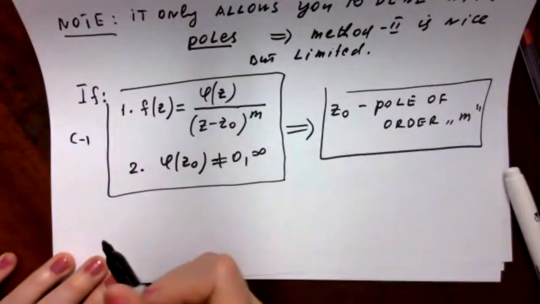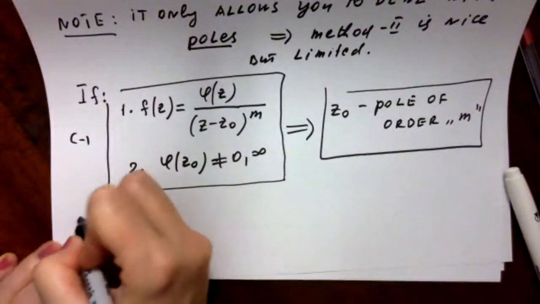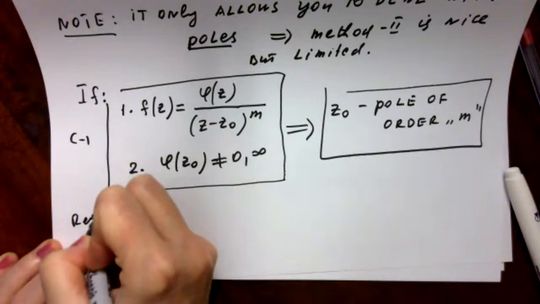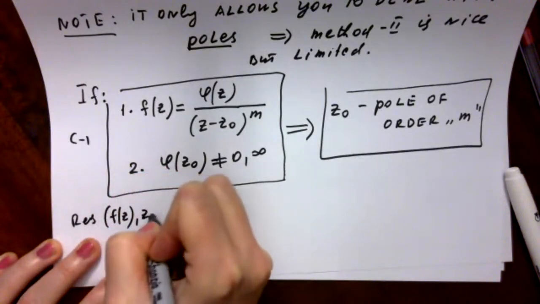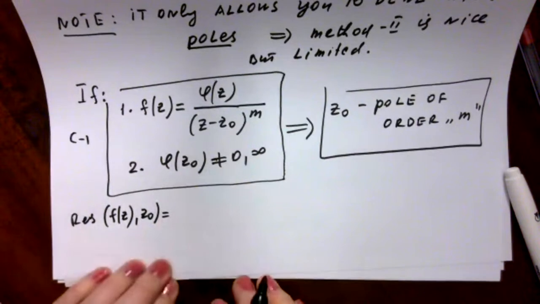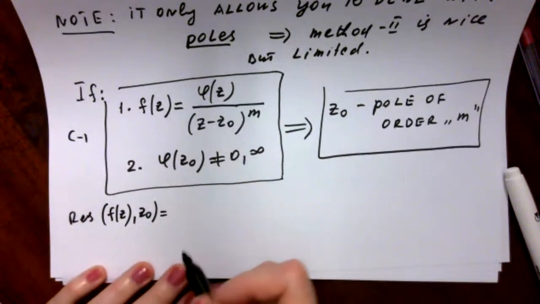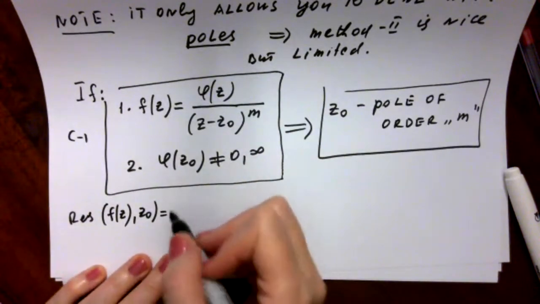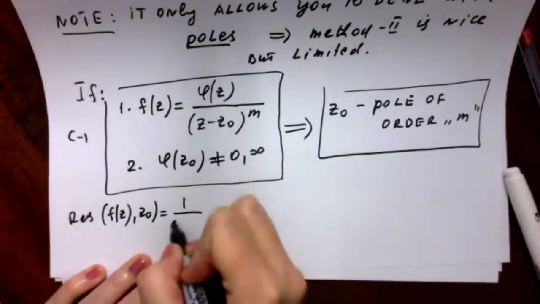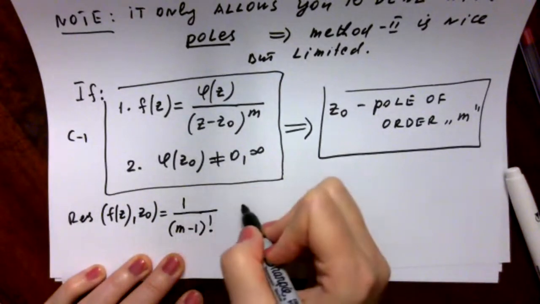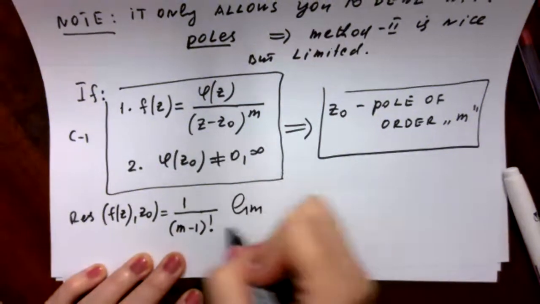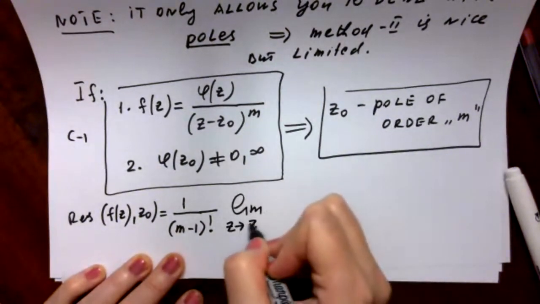The other way is to use this formula, which maybe wouldn't look very friendly to you at first glance. So residue, but let's write it down anyway because it's a super popular, super famous formula. The formula goes like this: 1 divided by (m minus 1) factorial times the limit when z tends to z0.